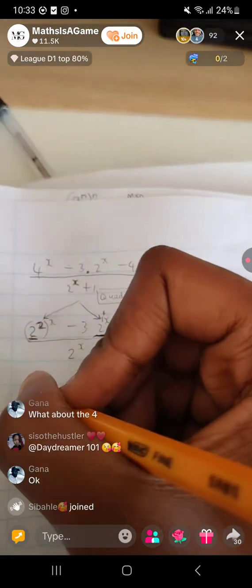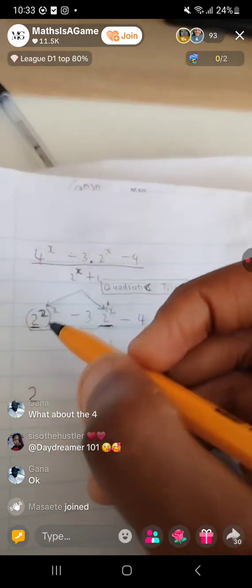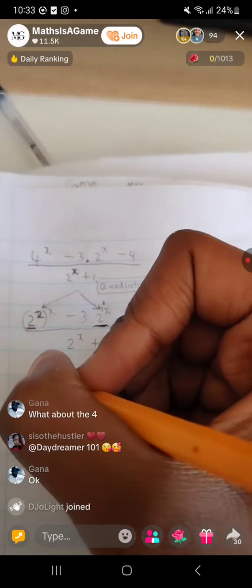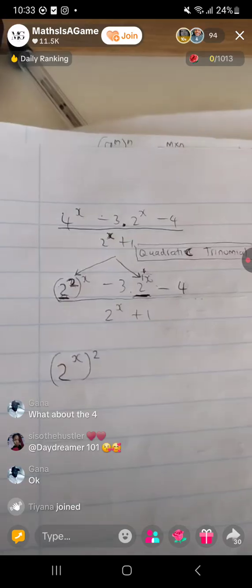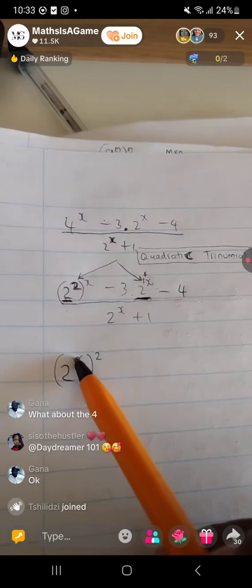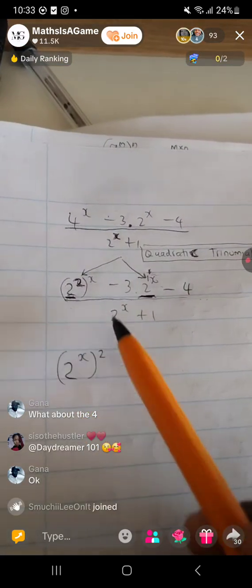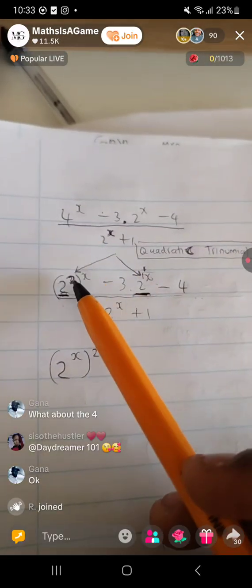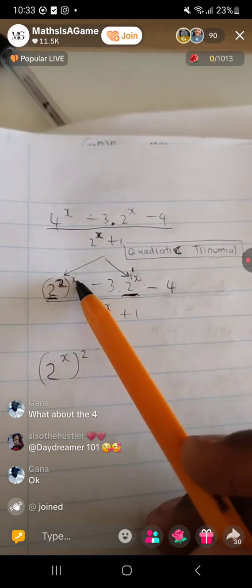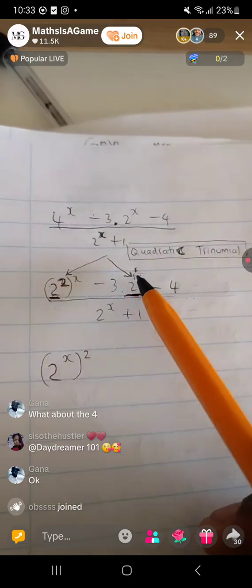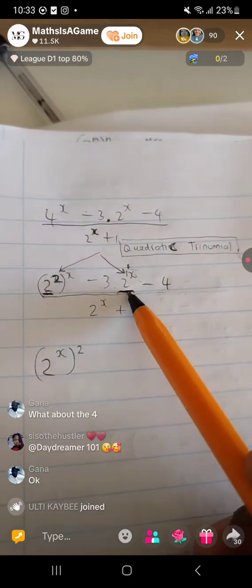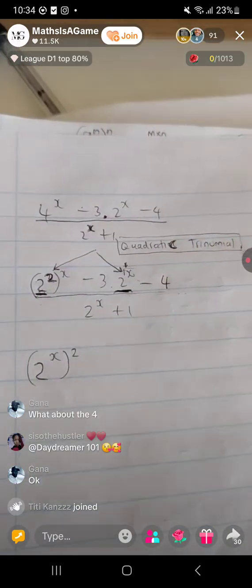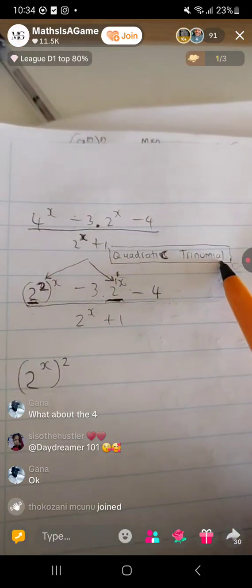And maybe when I rewrite it, you are going to see that much more. So 2 to the power 2x can be written as 2 to the power x, squared. So there are how many 2 to the power x's? There are 2 of them. Multiplication is commutative. That's why I'm saying when the coefficient of that x, you can see for the same base, one is 2 times the other one. That's when you know quadratic trinomial.